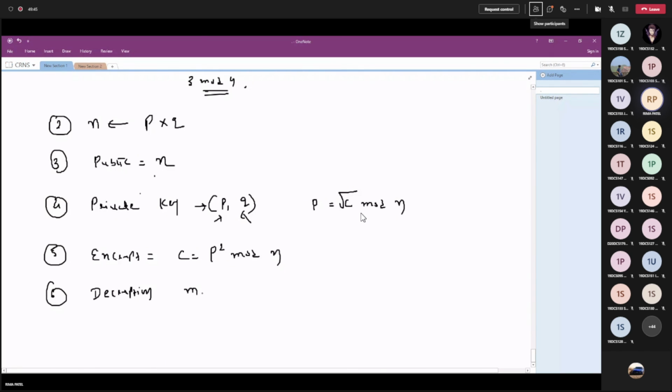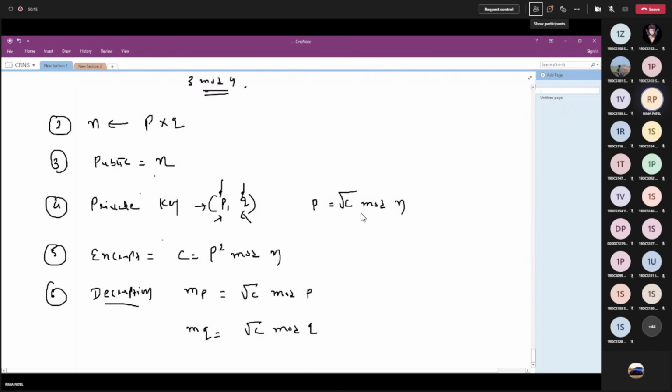MP, I'm writing P because this decryption I'm doing with P. The other decryption I'll be doing with Q. So MP equal to root C mod P, and the other possibility is MQ, because we have 2 private keys. Here it is root C mod Q. Agree with this?